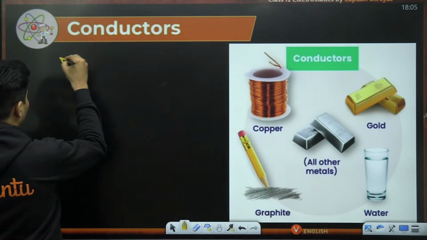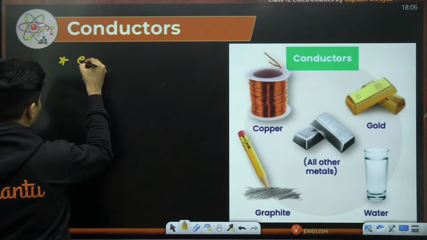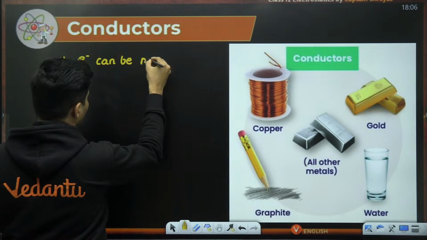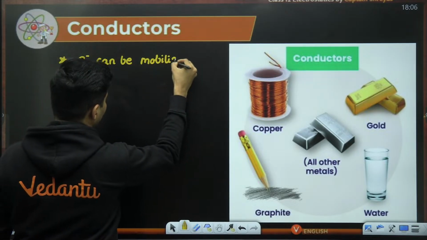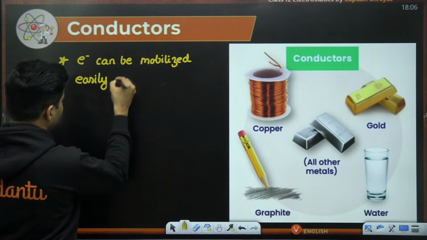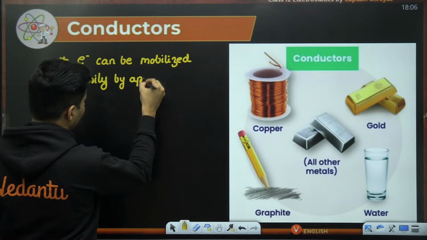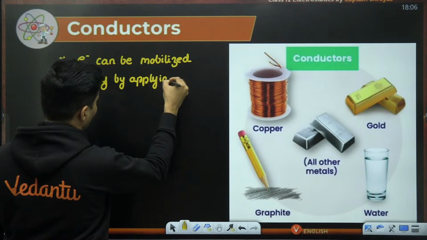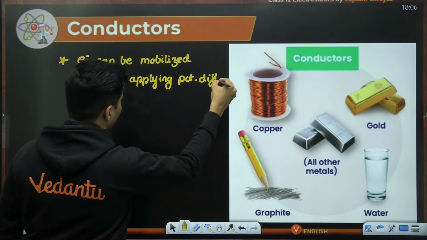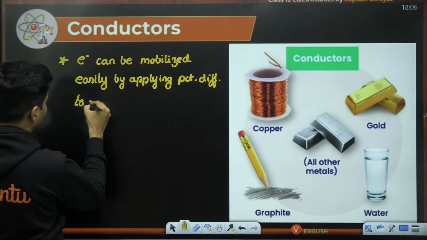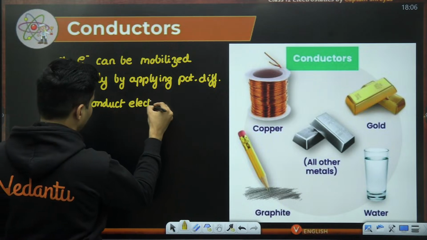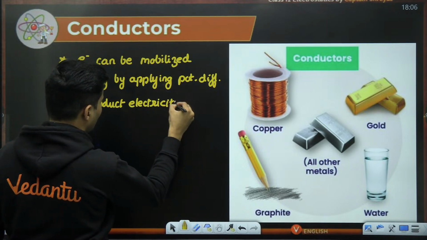They have electrons that can be mobilized easily by applying a potential difference to conduct electricity.